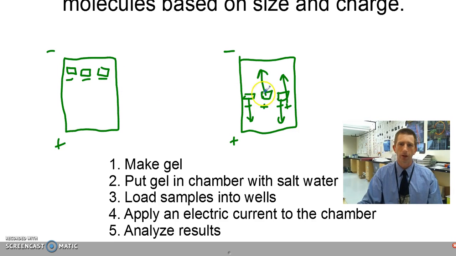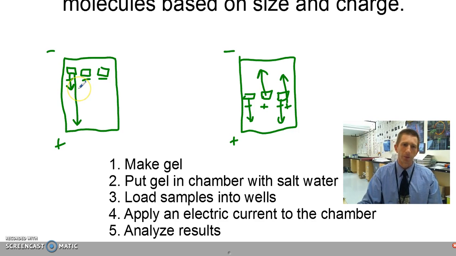Well, okay, Mr. Leo, so we get the charge, but what about the size? How does that work? Well, over here we have our different samples of DNA, which are all negatively charged, right? And we're going to have some samples that don't move very far, and then we're going to have other parts of the sample that do move very far, right? So now, take a guess, which ones don't move very far or move fast, the large ones or the small ones?